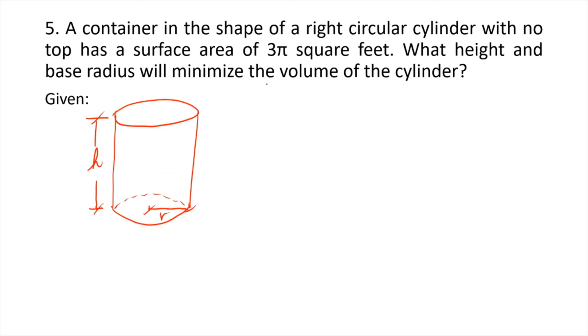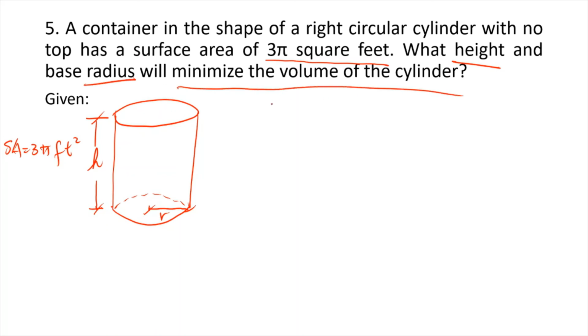The surface area is fixed at 3 pi square feet. And then we are asked to find the dimensions h and r that will minimize the volume of the cylinder.